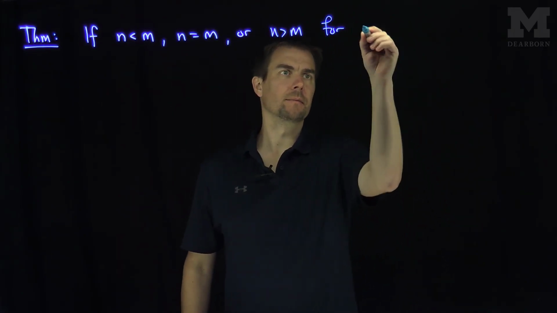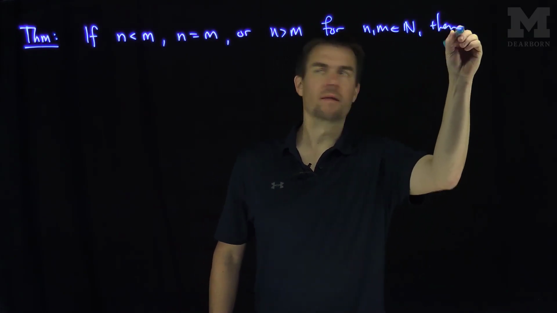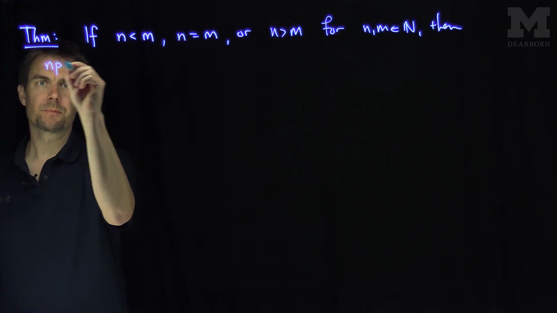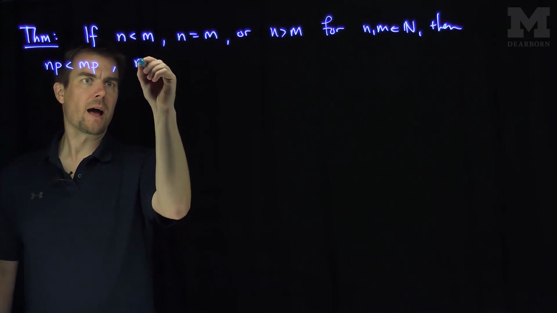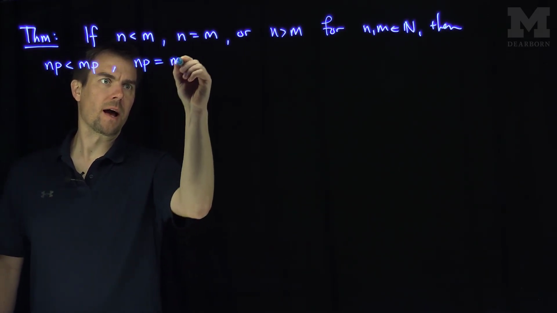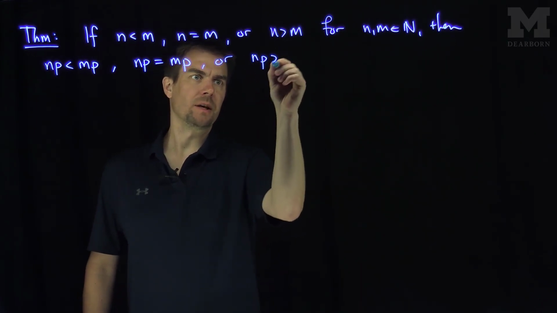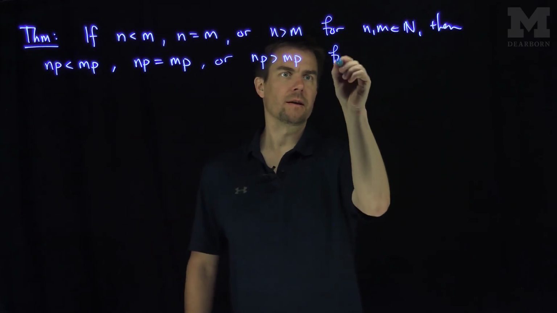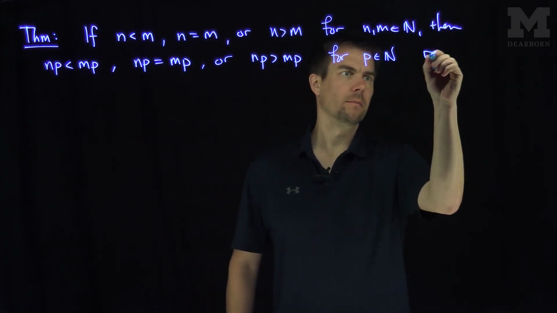For n, m, and p in the natural numbers, then n times p is less than m times p, n times p equals m times p, or n times p is bigger than m times p, respectively.